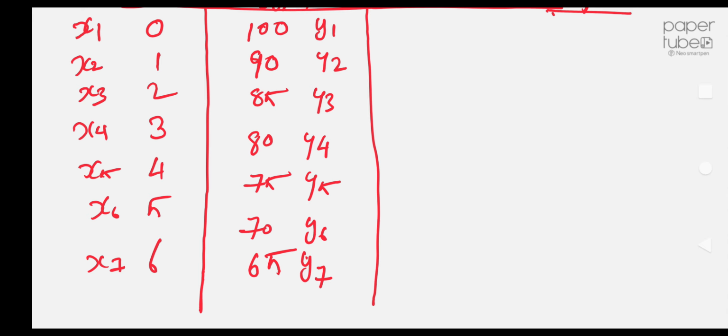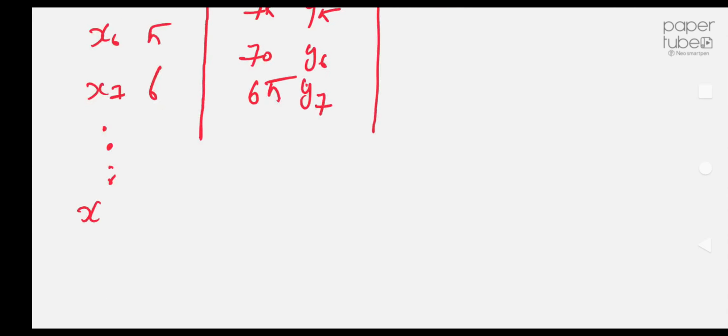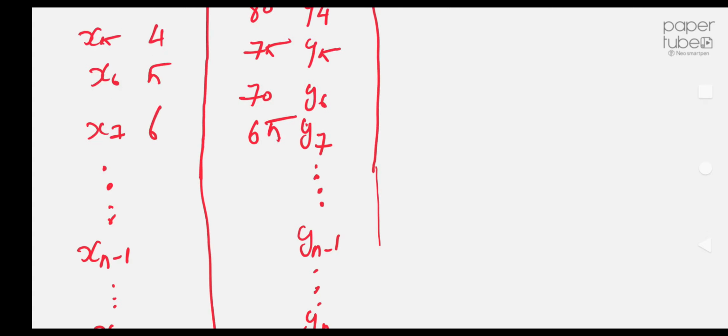If you have n data points, you will get x n minus 1 and then x n. Similarly for the dependent variable, it will be y n minus 1, and the last value will be y suffix n. That's how we are going to label it.